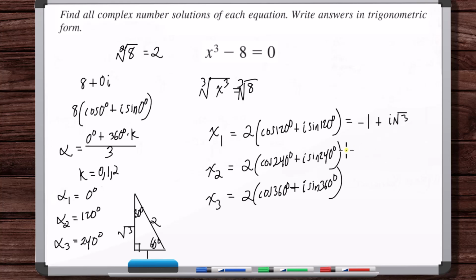Okay, so the second is going to be 1 plus I root 3. That'll be cosine of 0, 120.